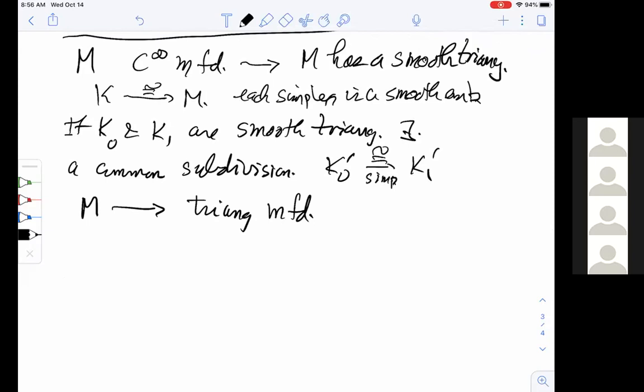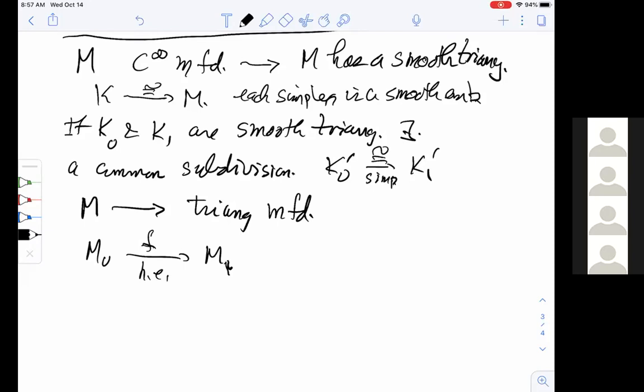Thus, if you have a homotopy equivalence between smooth manifolds, these are now triangulated, and triangulations are in particular CW complexes. So these are finite CW complexes.